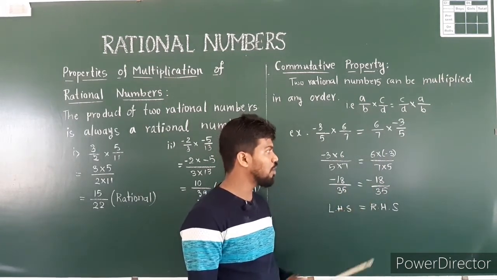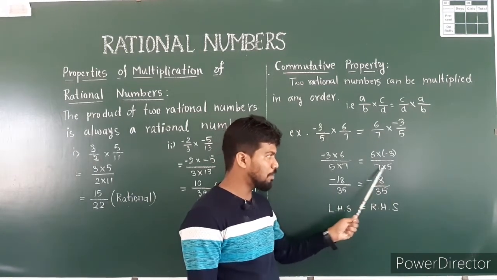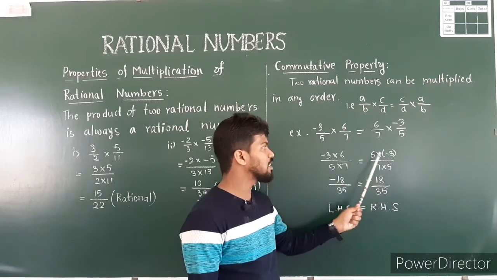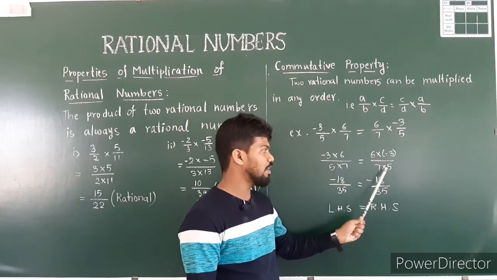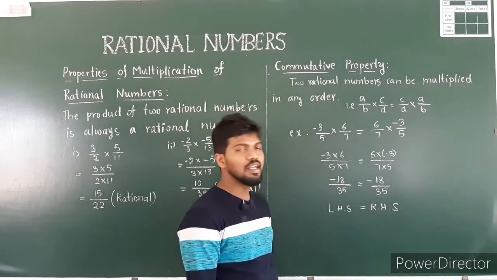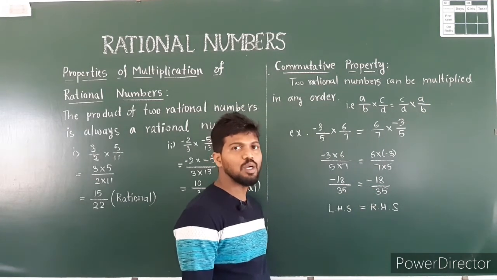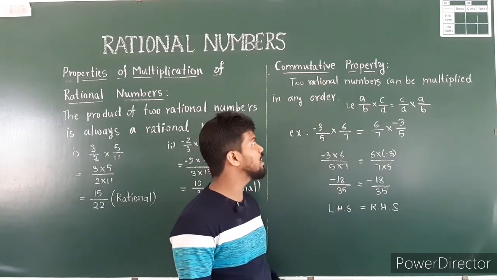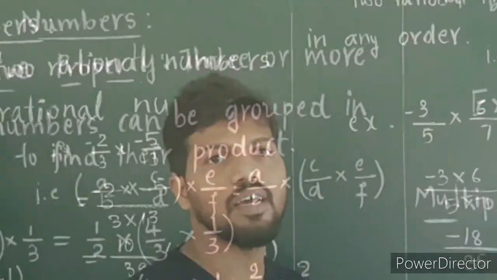So multiplying numerator divided by multiplying denominator. So 6 into 3 is 18, plus into minus is minus, and 7 5s are 35. Therefore, you see that both answers are equal. Therefore, LHS equals RHS. Therefore, two rational numbers can be multiplied in any order.